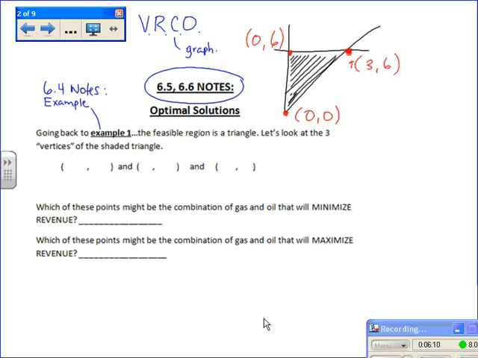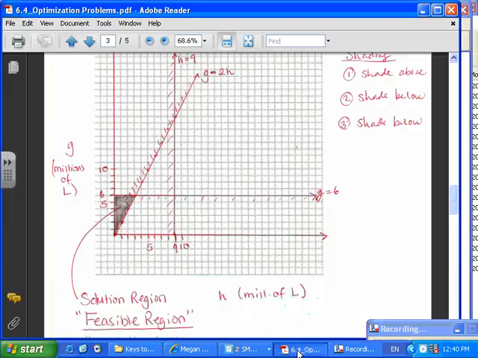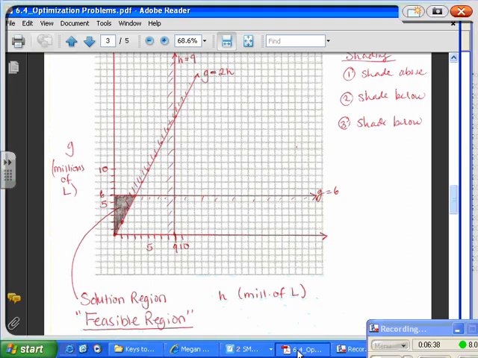Okay, let's put those points into our notes. So we've got the points 0, 6, 0, 0, and 3, 6. And we should remember that on our graph, G was our y-axis, and it was in millions of liters.